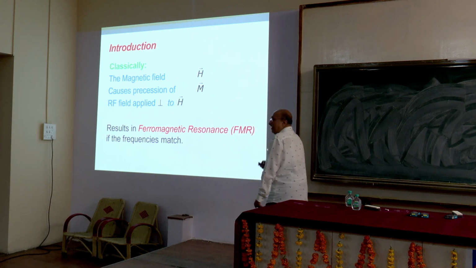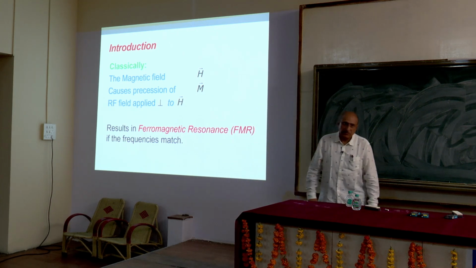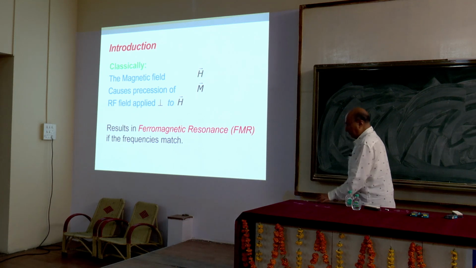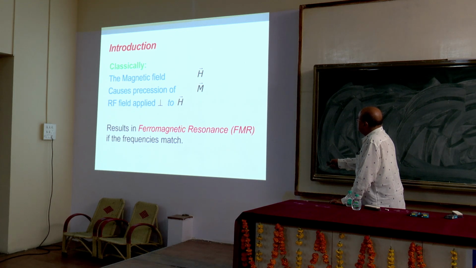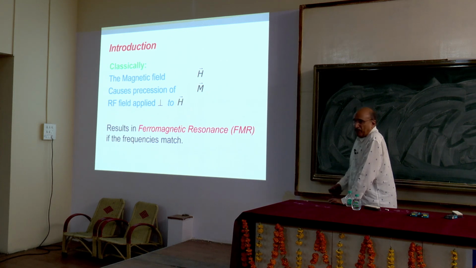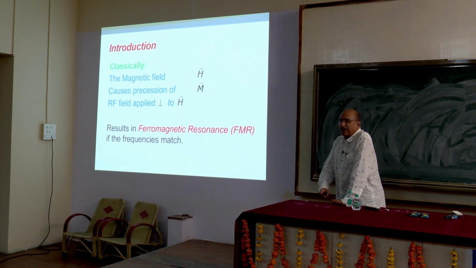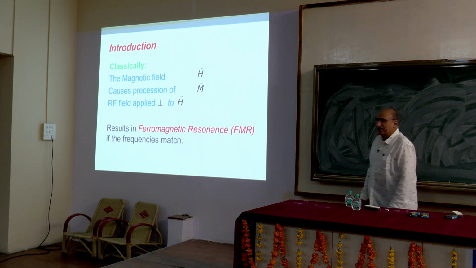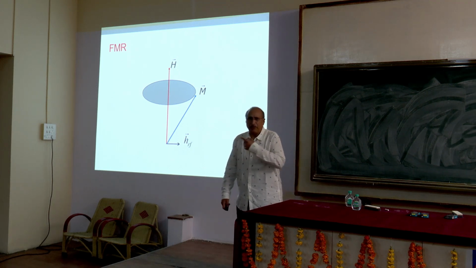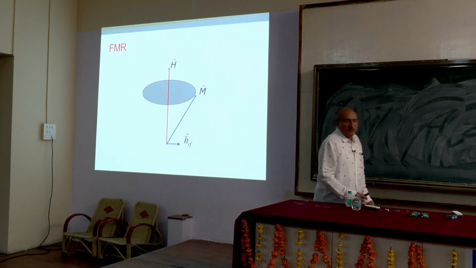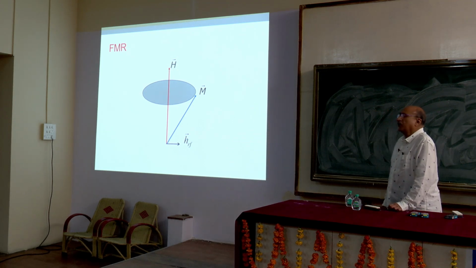So you have a magnetic field H, which you apply from outside in your setup. This magnetic field causes precession of M, and there is an RF field which is applied perpendicular to H. This results in ferromagnetic resonance. It's a typical picture which gives rise to this.